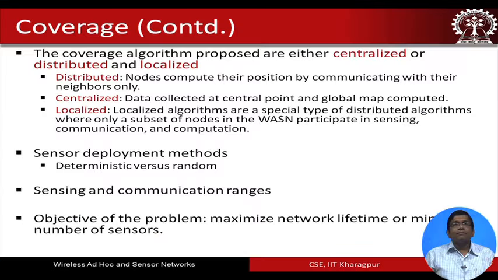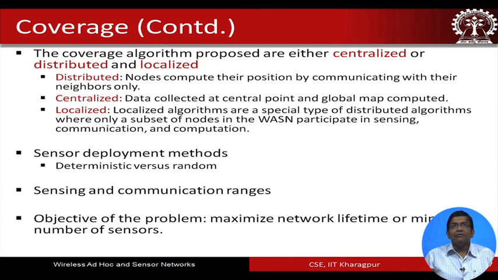The coverage algorithm proposed can be of three types. One is the centralized coverage algorithm, the second is the distributed coverage algorithm, and the third is the localized. Distributed algorithms are the ones where the nodes compute their position by communicating with their neighbors only, whereas in the case of centralized, the data are collected at a central point and a global map of the region over which the nodes are deployed is computed centrally by the base station or something similar.